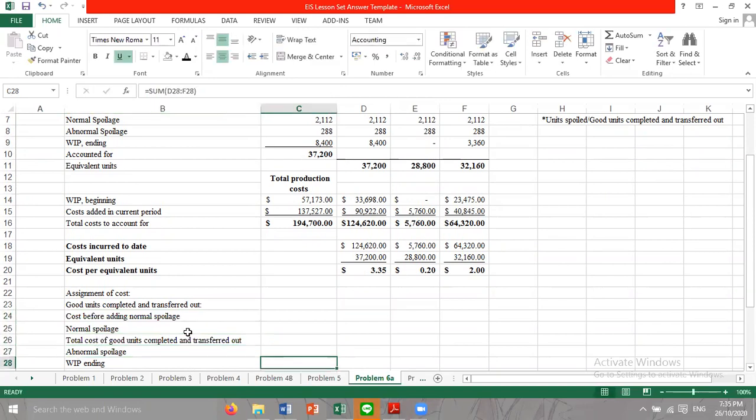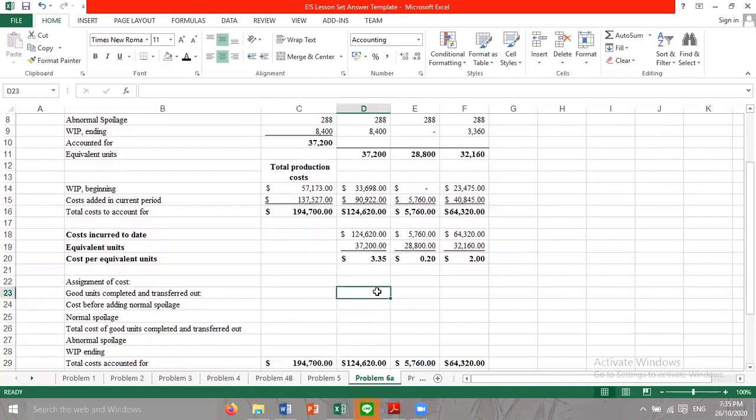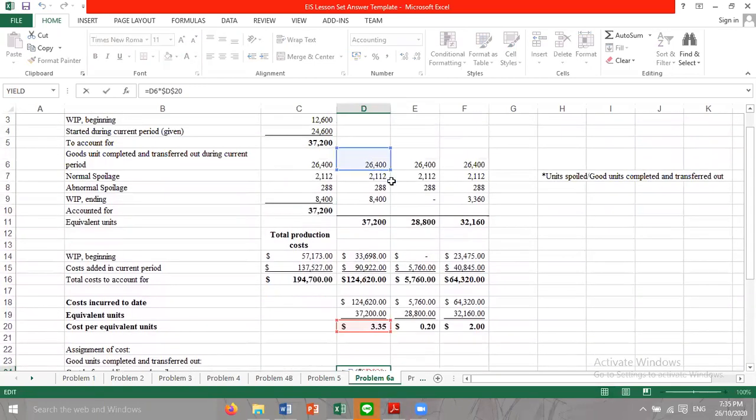And then we will allocate several of the costs to abnormal spoilage, which we will expense later since it's abnormal, and we will allocate it to a pending. Once again, sorry. Okay, this one is simple, 3.35 times 26,400.